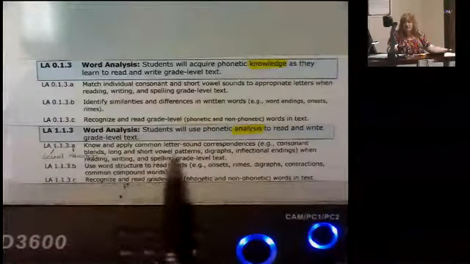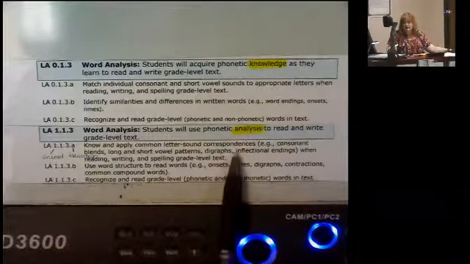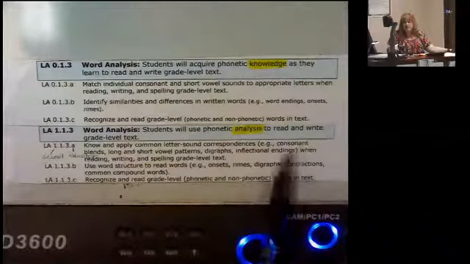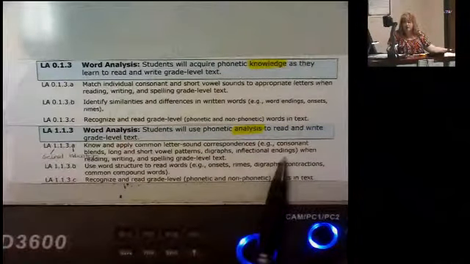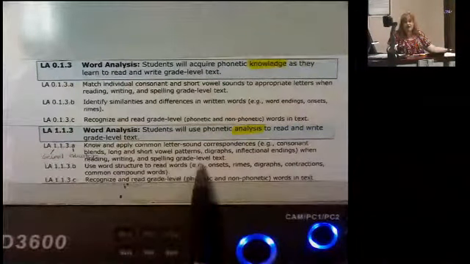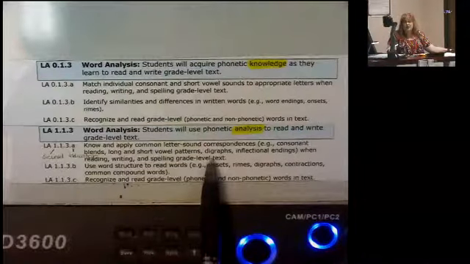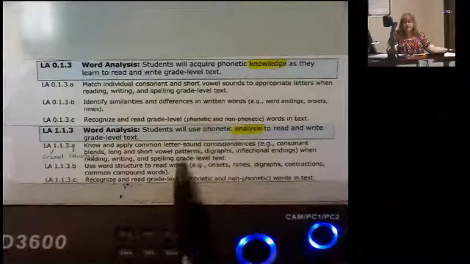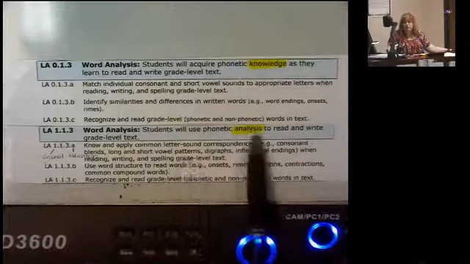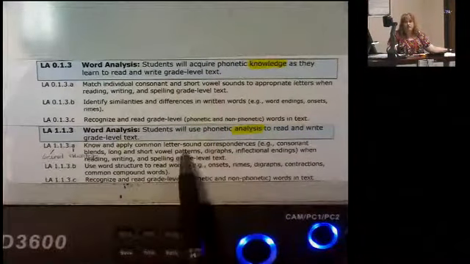Know and apply common letter sound correspondences. Example, consonant blends, long and short vowels, digraphs, inflectional endings when reading, writing, and spelling. So we can see that they have already assumed that they have mastered this kindergarten standard so that they can build on that and ask for more analysis when they're in first grade for this indicator.